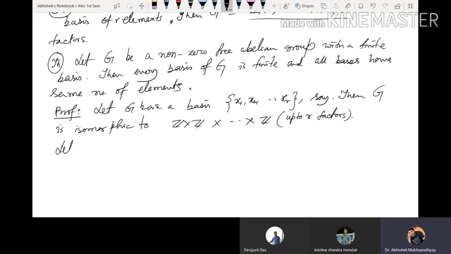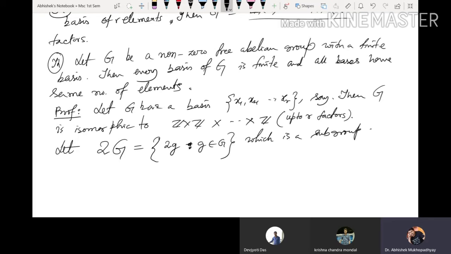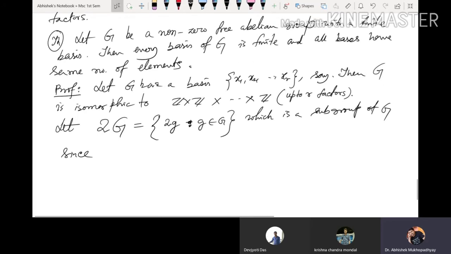Now, let us consider a subgroup denoted by 2G, whose elements are 2g, that is g plus g, where g belongs to G. It is a subgroup of G. Why is it a subgroup?